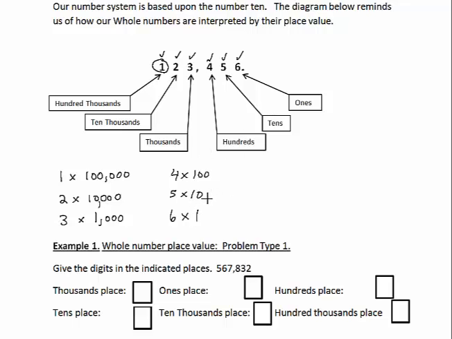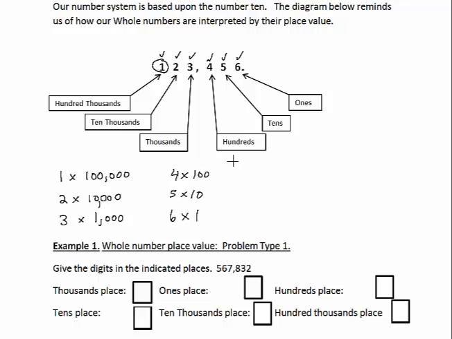Now if you just take any old calculator and you write 1 times 100,000, and then you add to it 2 times 10,000, and then you add 3 times 1,000, and then you add 4 times 100, 5 times 10, and 6 times 1, you'll get this number.